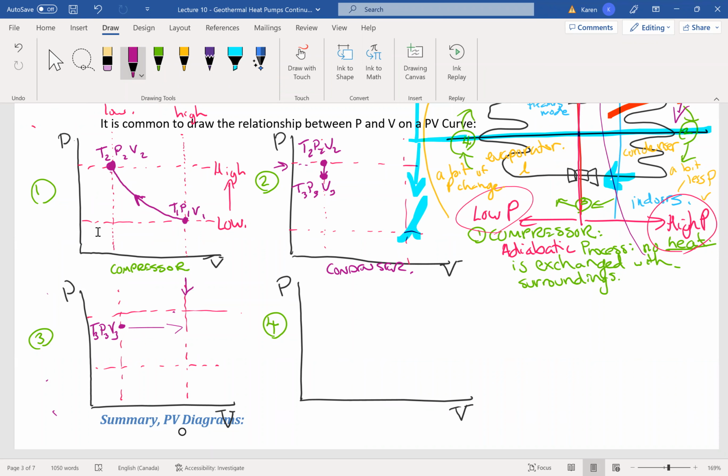And then what's going to happen to pressure? That's going to dramatically decrease the pressure, right? So I must be on this pressure line. If I take this arrow, connect it to this arrow, then I'm down here, which is exactly what was presented. So that's where we get to TPV4, which is going to go across the evaporator.